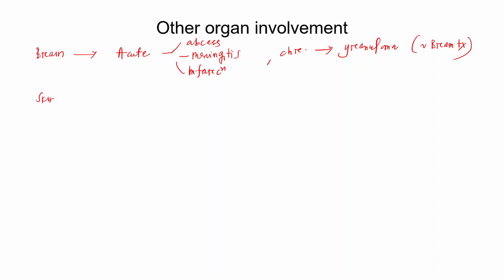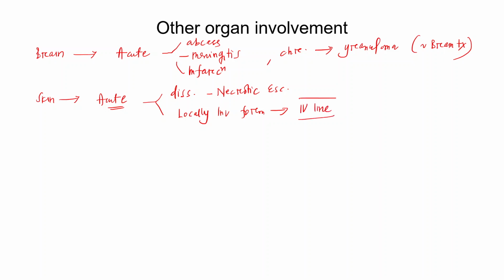Skin involvement: acute skin involvement can be disseminated skin involvement. They present as multiple necrotic scars, or they may present as a locally invasive form, which is associated with IV lines. Here, this is also caused most commonly by Aspergillus flavus.